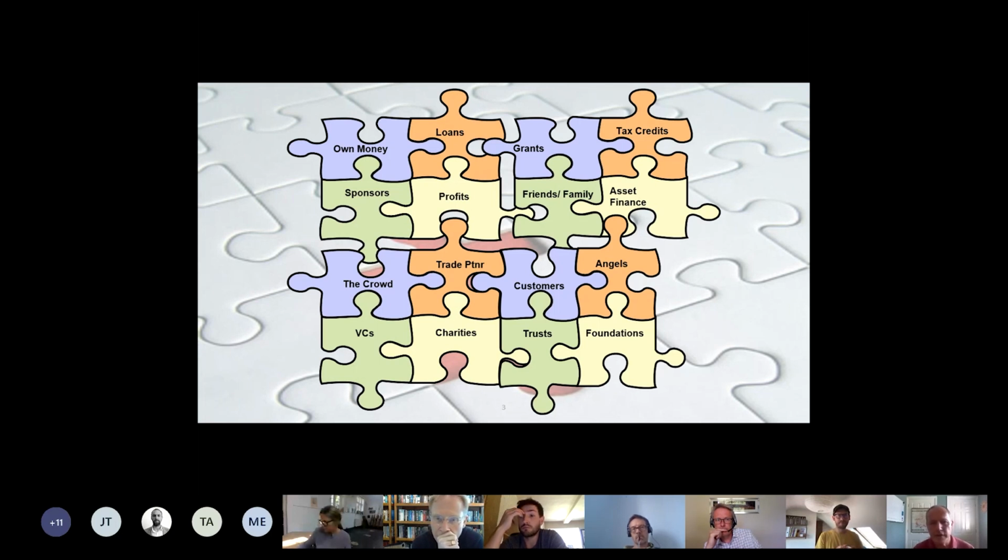There's lots of things on this little jigsaw puzzle that maybe you've thought about, probably you've already thought about friends and family, but maybe you haven't thought about R&D tax credits. Maybe you haven't thought about trade partners as a source of funding, and so on. I like to work with people in putting together this jigsaw puzzle, but for the moment we are going to focus a little bit on grants, and in particular grants that come from the public sector.